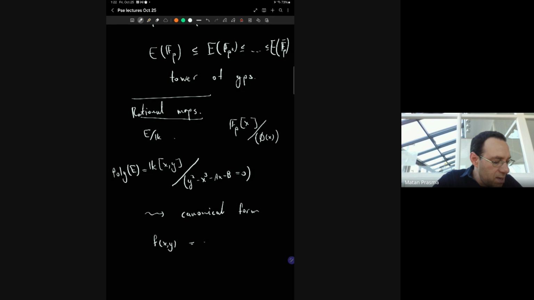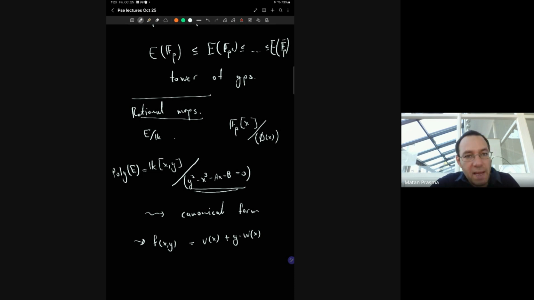And then I get some polynomial in the x variable plus y times another polynomial in the x variable. And I can think about polynomials over E as just elements of this form. And I do addition, multiplication, and then the reduction modulo this polynomial is simply replacing all the instances of y squared by x cubed plus ax plus b.